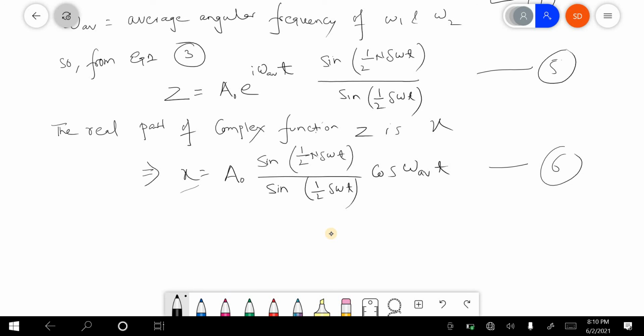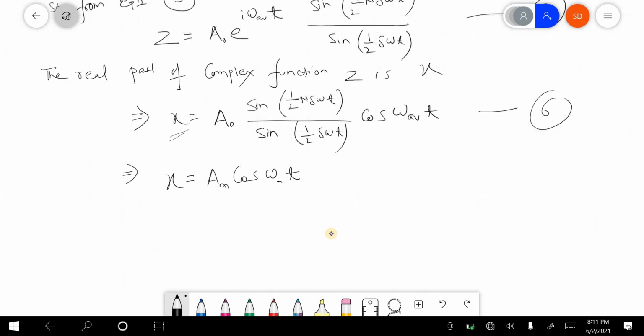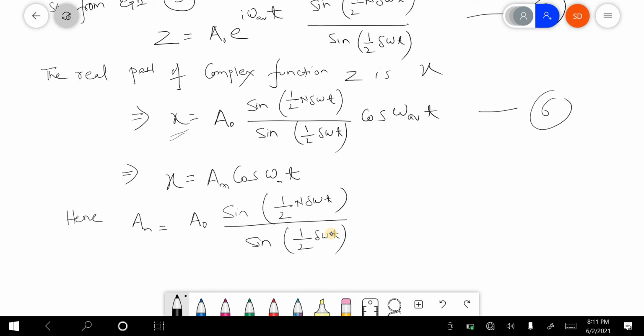We are only considering the real part of z, which is x. So at the end we can write x is equal to am cos omega m t, where am is equal to a naught times sine half n del omega t divided by sine half del omega t.